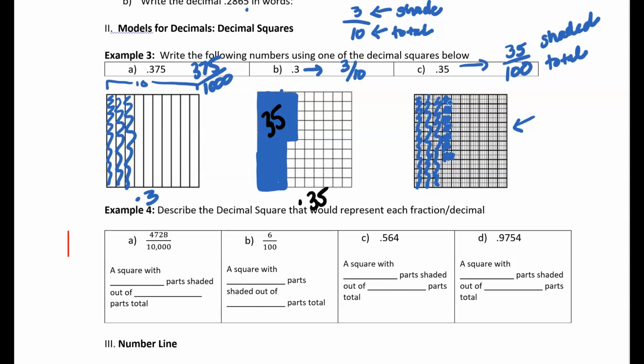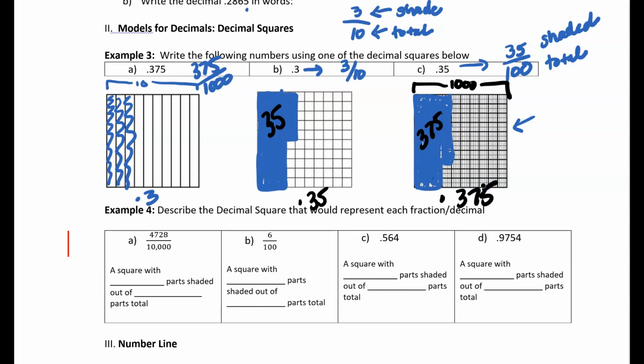So we've got 370, and then we want 5. So I'm going to do half of this next box. And then all of this is going to be filled in. So that's 375 out of 1,000 altogether. So this is going to be 0.375.